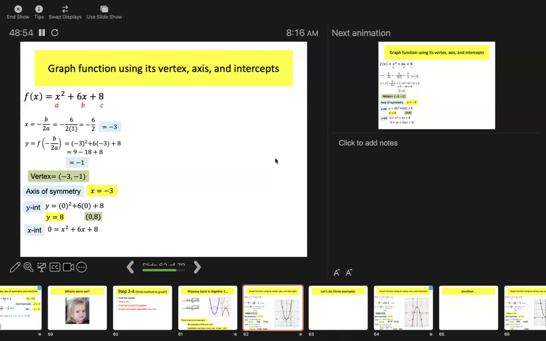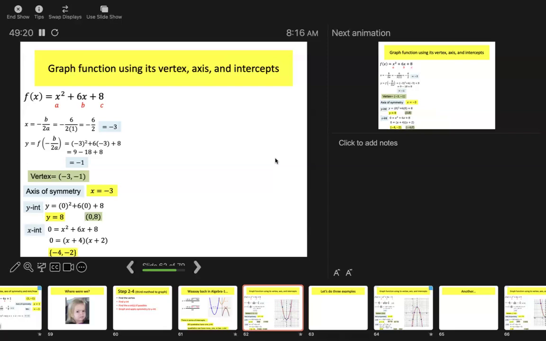Are there two numbers multiplied to 8 that add to 6? 4 and 2. So the solutions are negative 4 and negative 2. Remember, we set each one equal to 0 and solve. So here are your two x-intercepts. How many points do we have now? We have the vertex, and now we have 2 points. What are the 2 points? These are the x-intercepts.